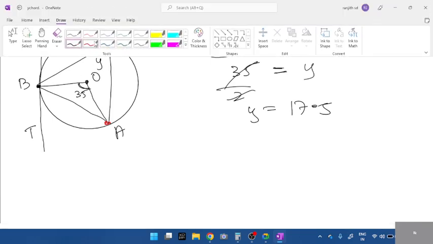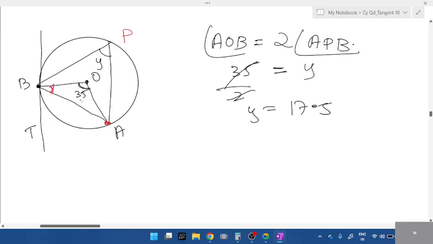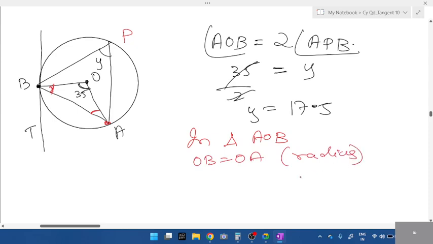Next, I want you all to find these two angles too. They are in which triangle? In triangle AOB, which two are radius? OB is equal to the radius of a circle. You write radius or radius of a circle.